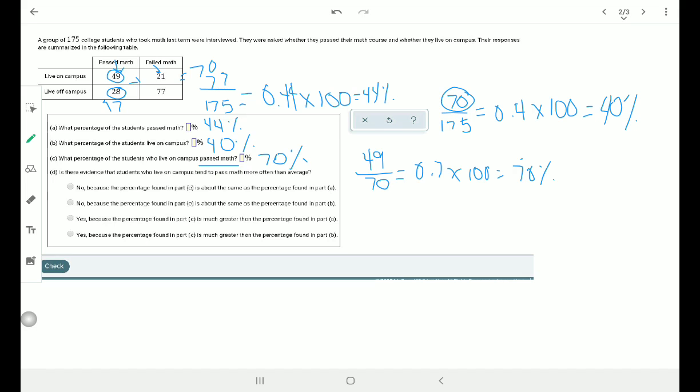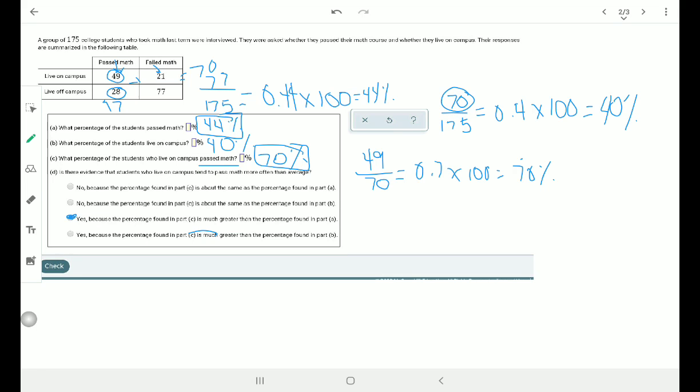So we could say yes, it seems like there is some evidence because part C is much greater than the percent found in part A. So I would say it is C here. This one talks about math, and 44% talks about math.